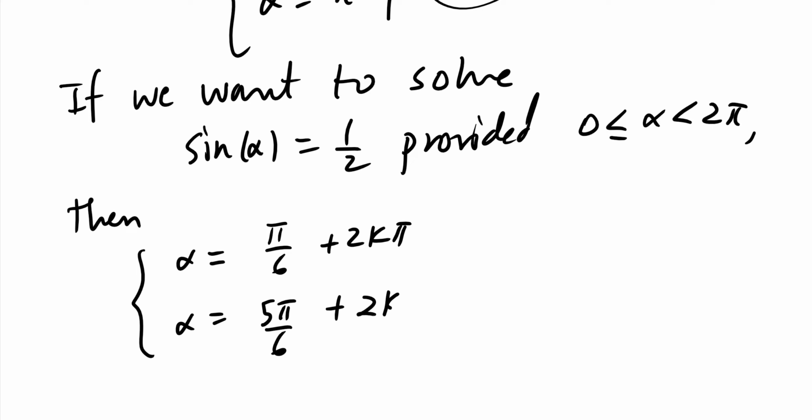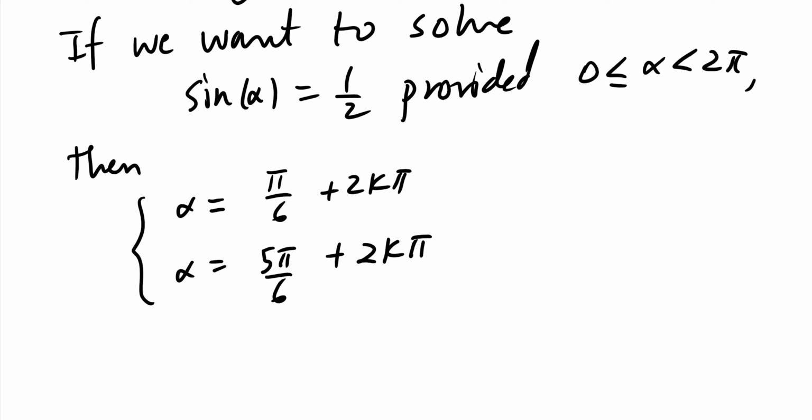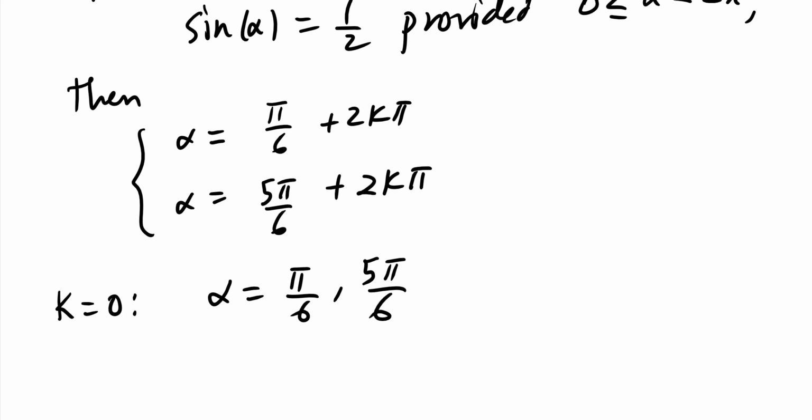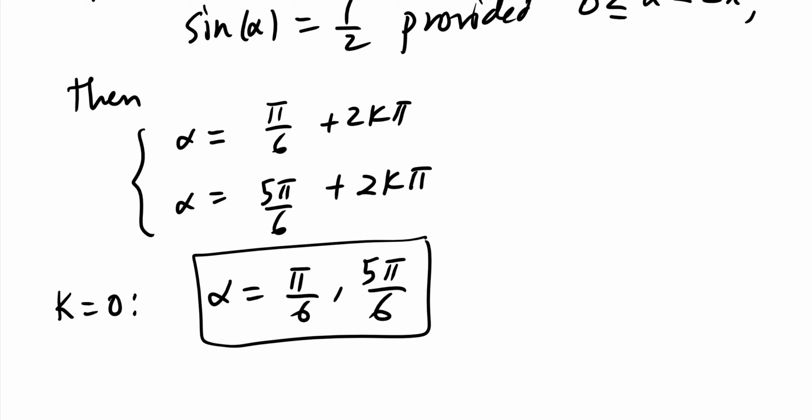To find the specific values, we take k equals 0. That gives me alpha pi over 6 from the first equation and 5 pi over 6 from the second equation. If you take k equals 1, that will exceed the 2 pi for both of them. What about k equals -1? Well, that will put them in the negative. So there are only two values of alpha that would work this way. No more than two values.